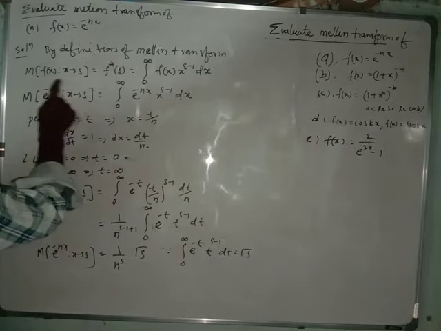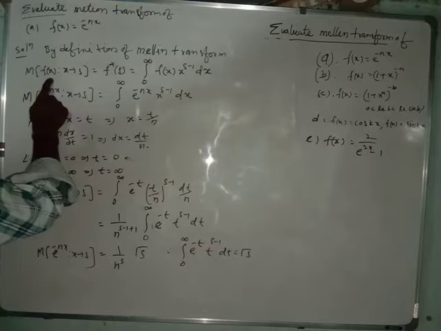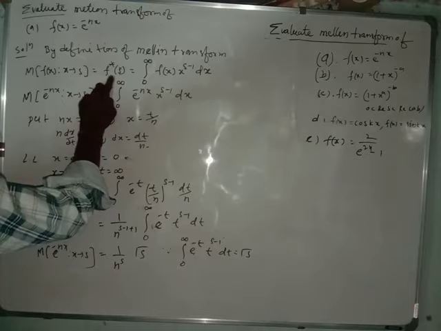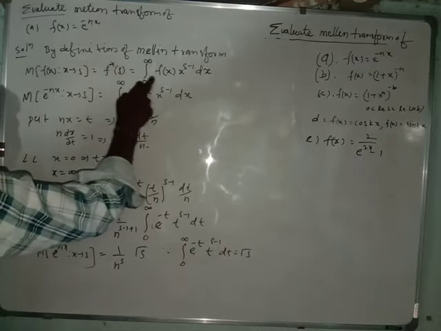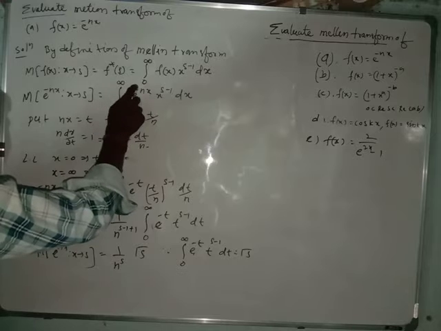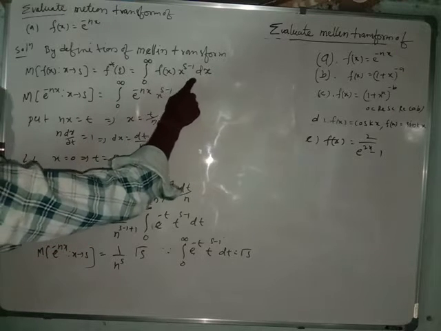This notation shows the Mellin transformation of f of x, and this is the definition: f star of s equals the integral from 0 to infinity of f of x times x to the power of s minus 1 dx.